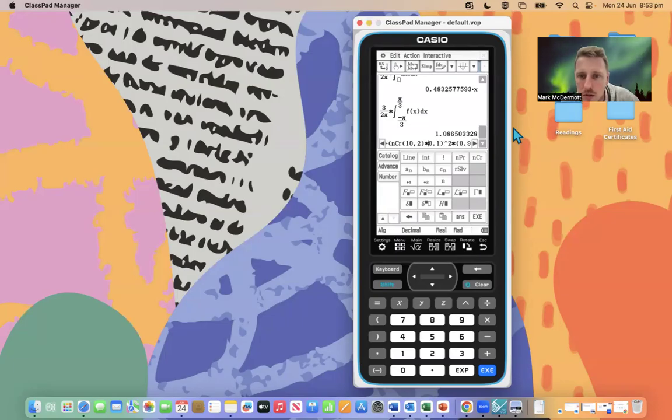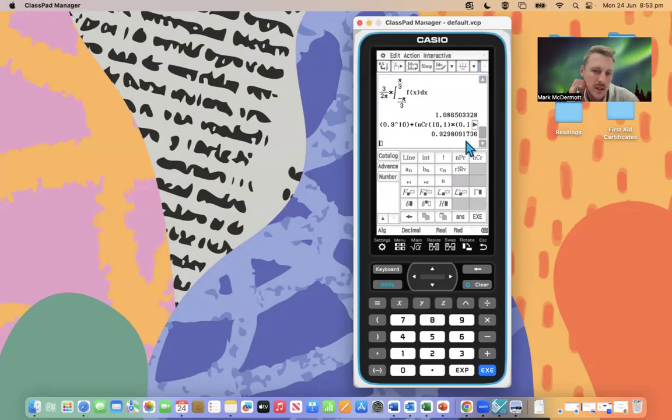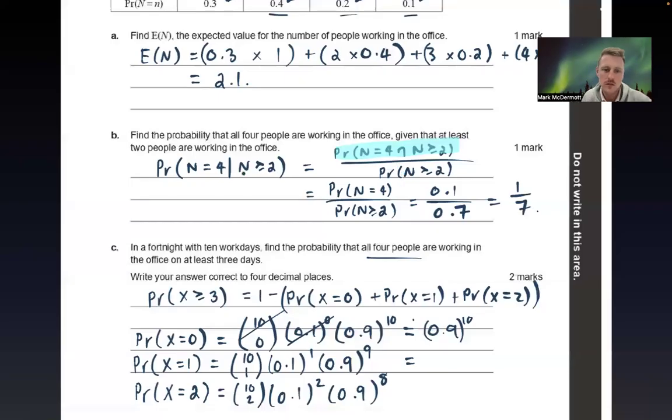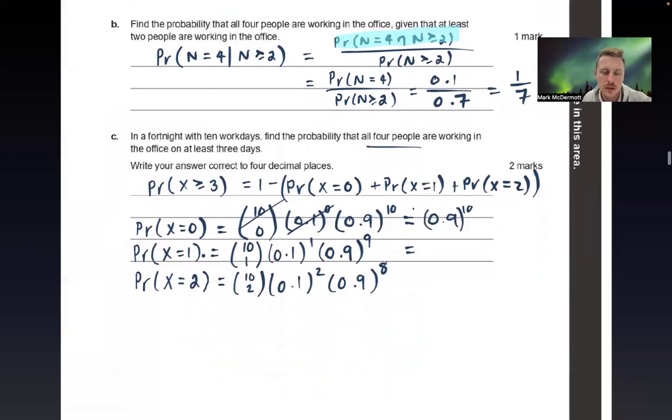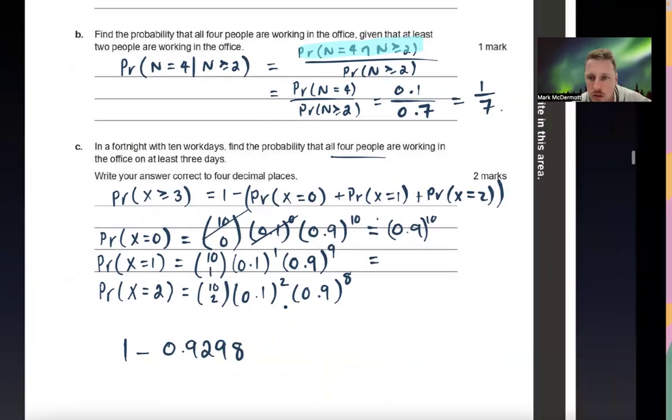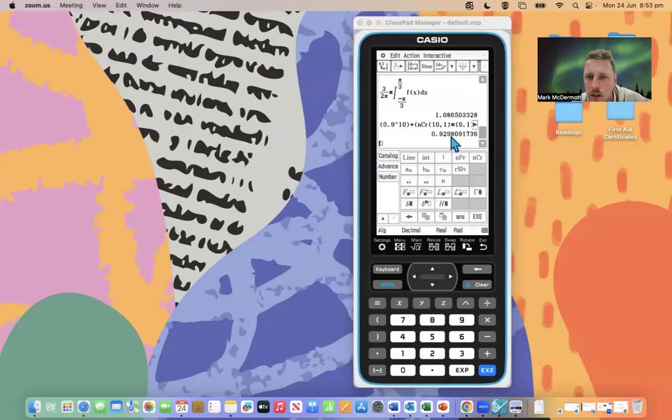I think this matters, but I'm going to do it anyway. So we get 0.9298. So all of these added together equals 0.9298. So 1 minus 0.9298, and let's not skimp on the decimals, 9809.